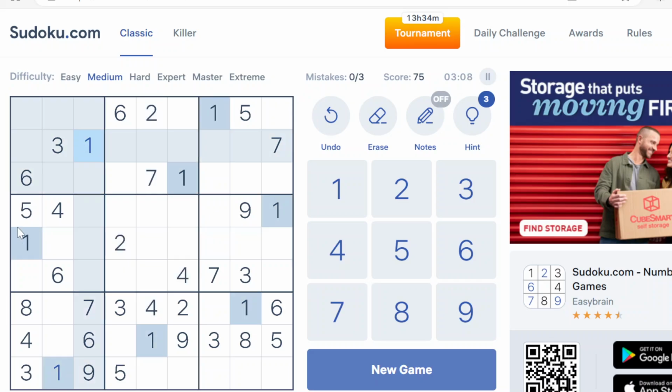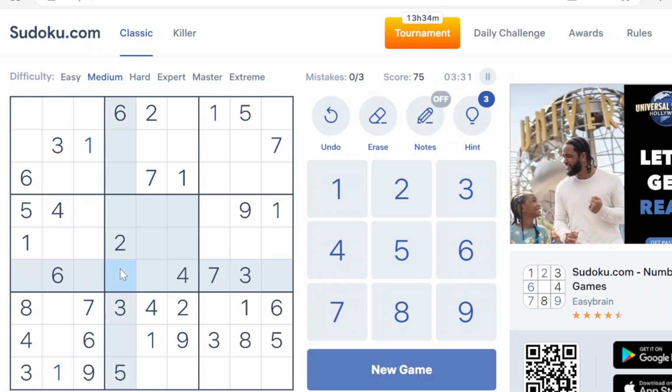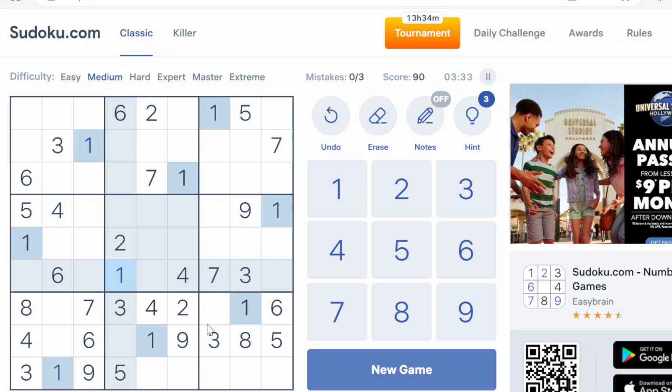And so now we have 1, 2, 3, 4, 5, 6, 7, 8 number 1s. So this box is the only one which doesn't have the number 1. And we know that it can't be in these 3 boxes because there's already a number 1 in this row. Same thing for these 3 boxes, so it has to be in one of these 2 boxes. And we know it has to be in this box because this column already has the number 1, and it can only appear once per column.